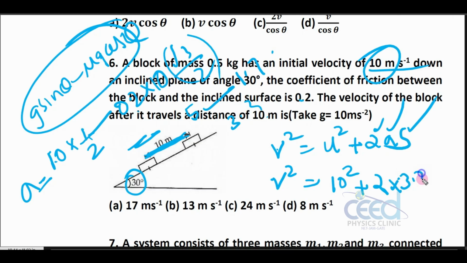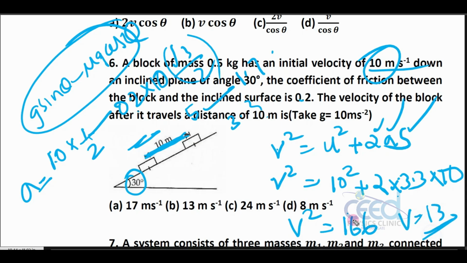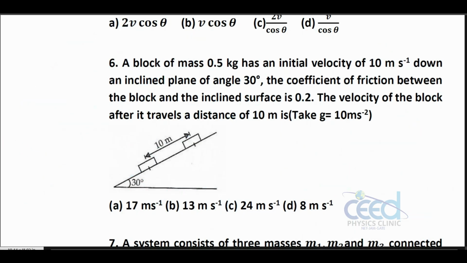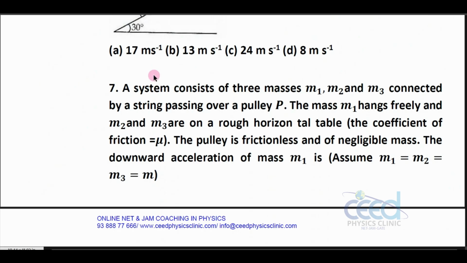Then 3.3 into s, which we already know is 10. Now this is 33 into 2, 66, then v square is equal to 100 plus 66, that is 166, so v is approximately 13. The root of 166 is about 13, so answer 13 is correct, right. All right, now let us go to another question.